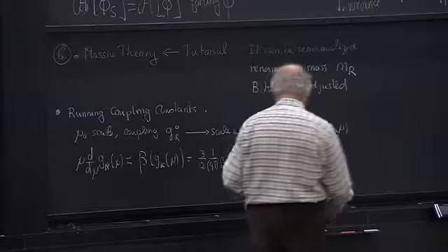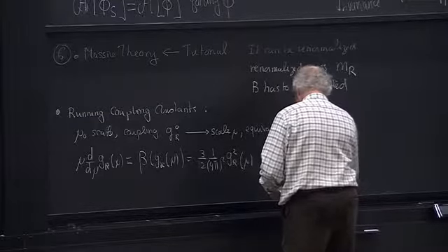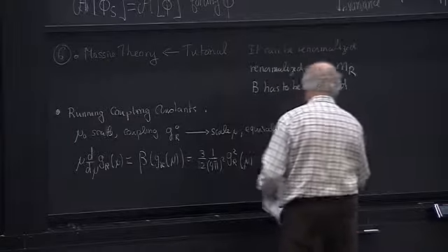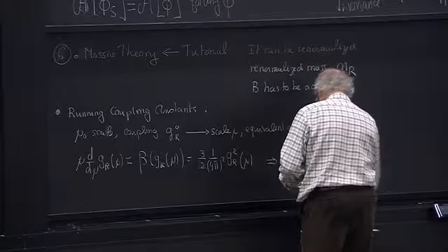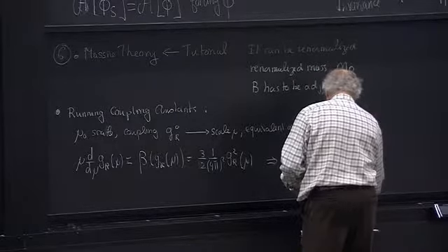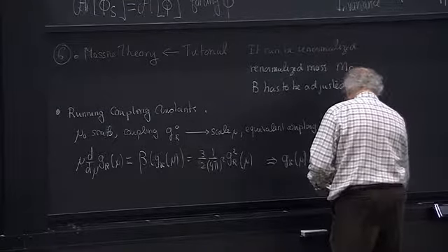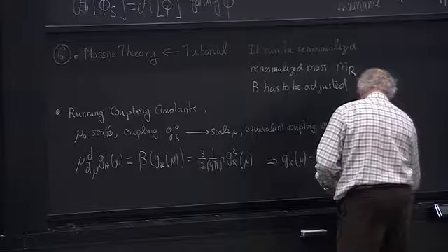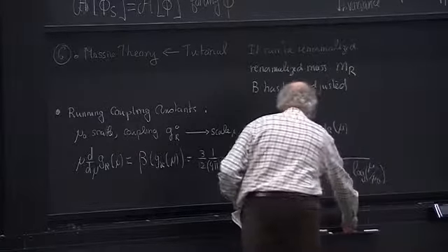And the final result is g_R of mu equals the original coupling g_R0 divided by 1 minus 3 over 4 pi squared g_R0 times log of mu divided by mu0. So this is just the result.